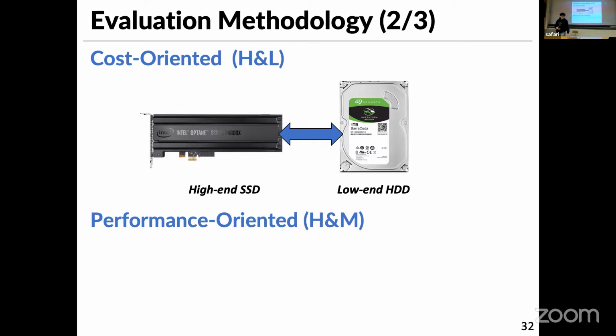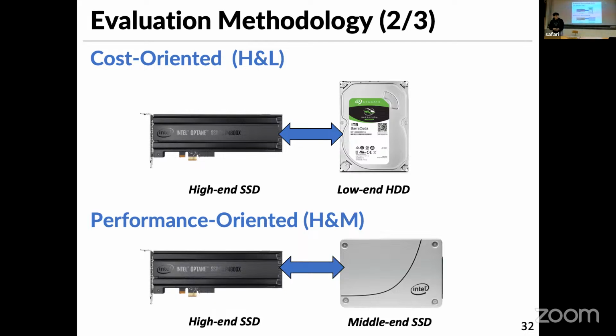Performance-oriented is another configuration, high-end and middle-end, HNM, which has a high-end SSD together with a middle-end SSD. So the first one is trying to have good performance, but you care more about the cost, and the second one is where you care more about the performance at a reasonable cost.